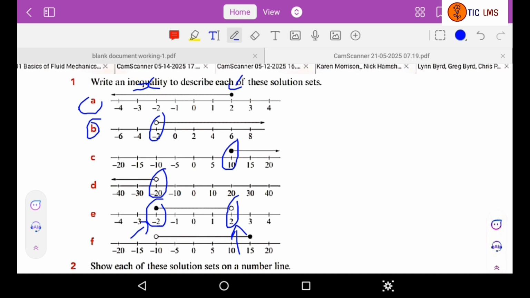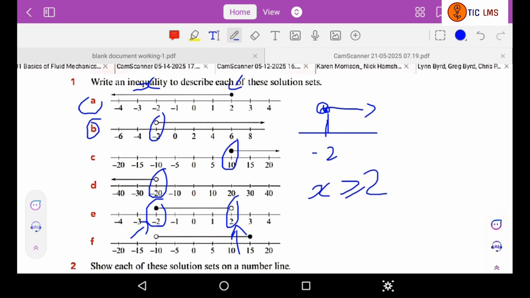Now, this is another way you can work on E. Normally, if you have your -2 here and a shaded portion going to the right, we say that the values on the right, x, are greater than or equal to -2.